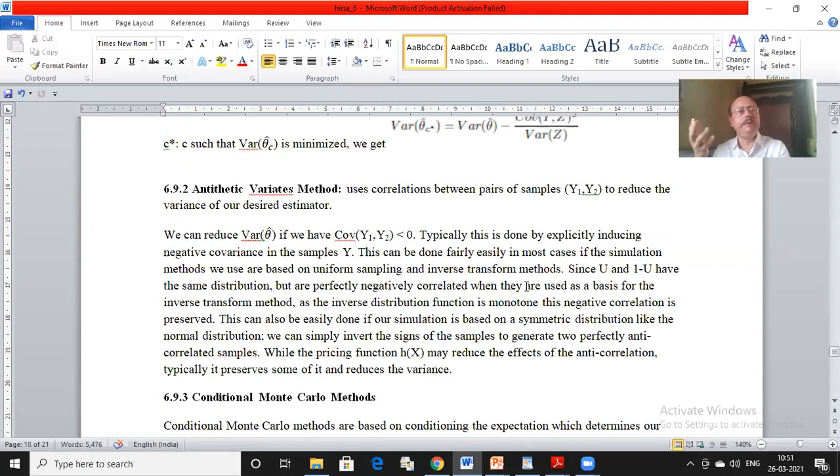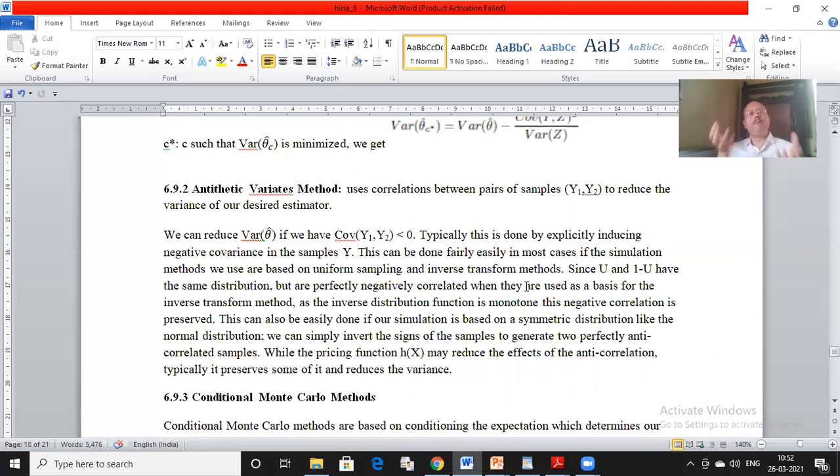I can also do it very easily if I have a symmetric distribution like the normal distribution. I generate an x from normal 0, 1. If I simply take minus x also, minus x comes from the same distribution. And I have induced perfect anti-correlation. So this is a very easy way of generating random samples with induced negative correlation.